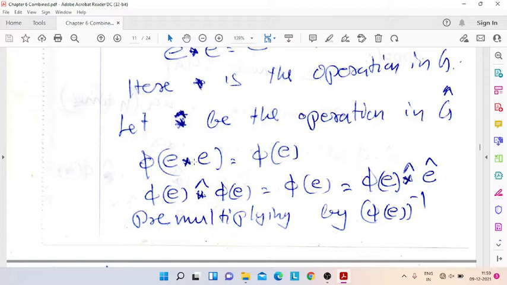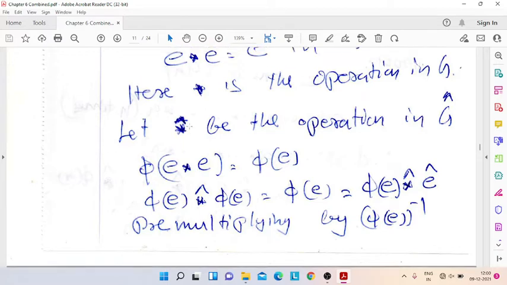But we also denote the binary operation in the second group by star cap. Star cap be the binary operation in the group G cap.